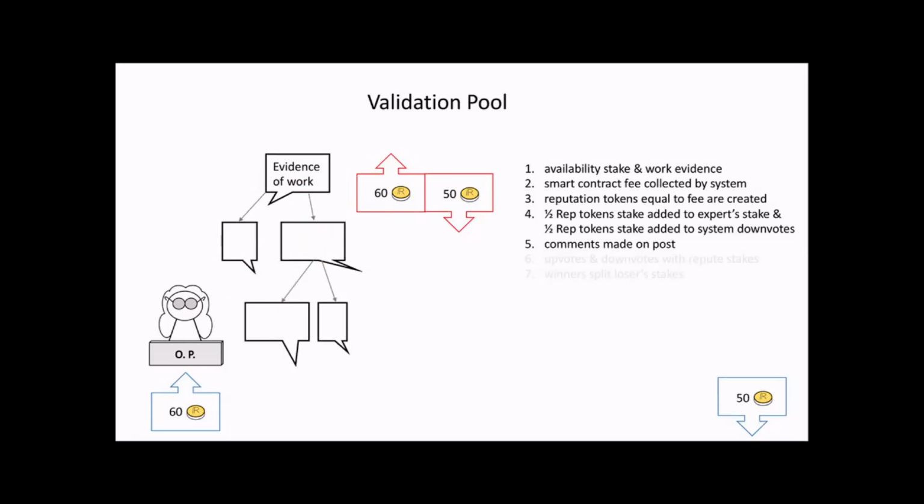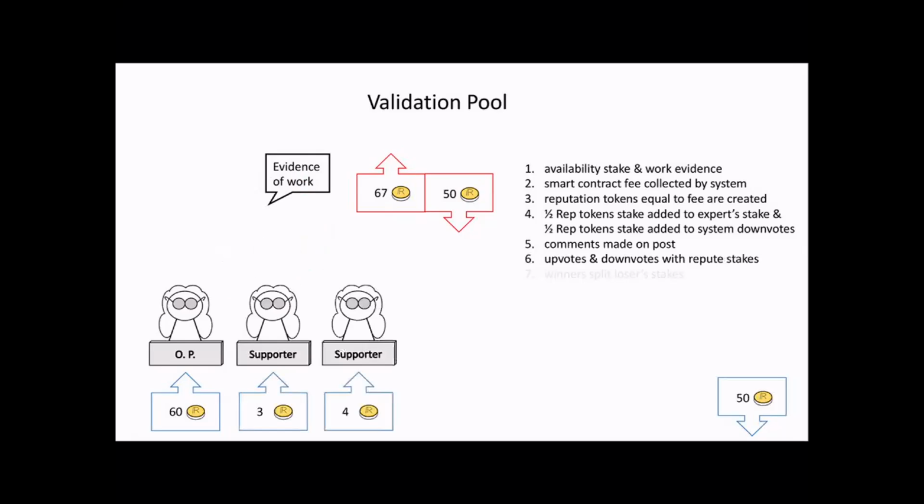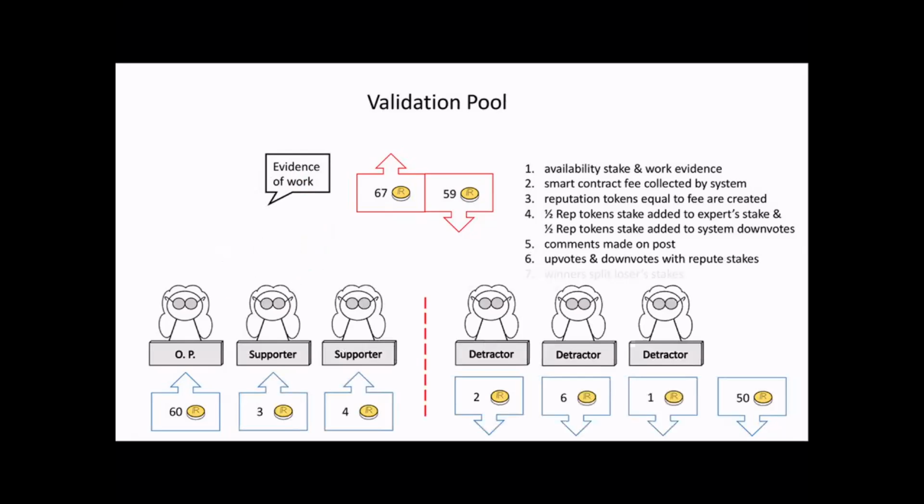And after they made those comments on the post, then everybody's going to either upvote supporters or they're going to downvote. And they add their own reputation, 3 reputation tokens to say, yeah, that was a good post. That was a good job of doing the job that we do as a DAO. And other people will add to it, and they'll also upvote. But then some people may disagree and say it was a bad job.